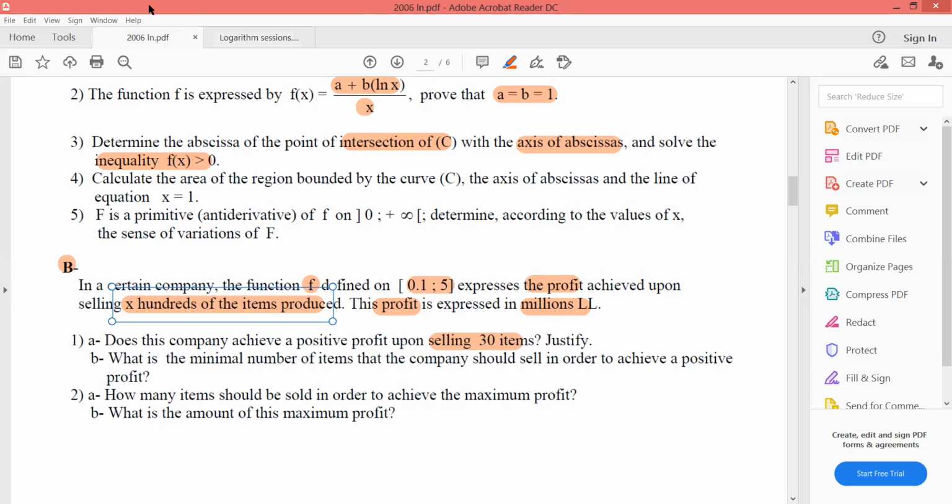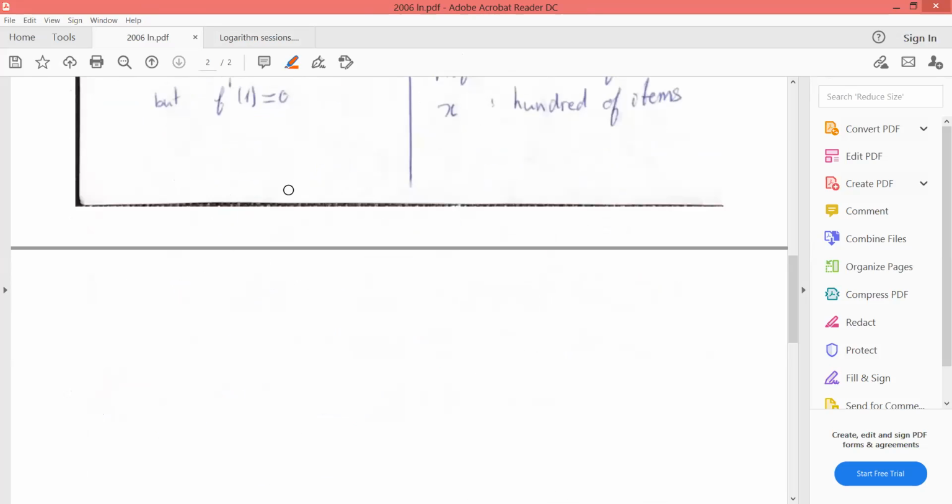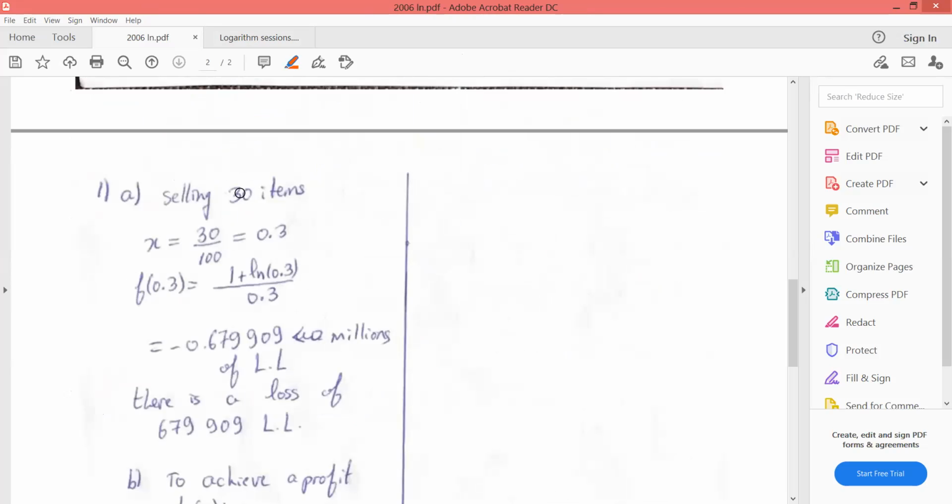So here, selling 30 items, then x is equal to 30 over 100. Why 100, not 10? Because x is in hundreds, so it becomes 0.3. f of 0.3, I replace x by 0.3: 1 plus ln 0.3 over 0.3.